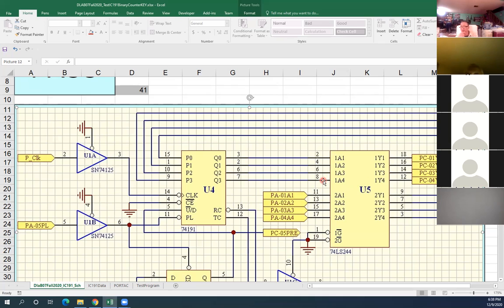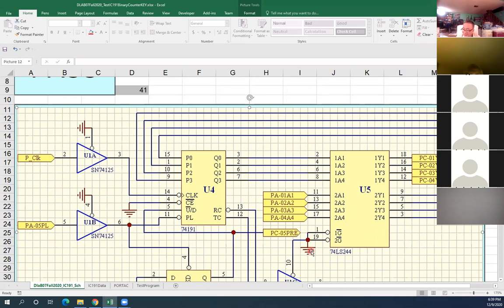Make sure your output is not grounded. No, replace U5? No, not yet. Test pin 1. Exactly. You have to make sure pin 1 and pin 19 are grounded. I see.